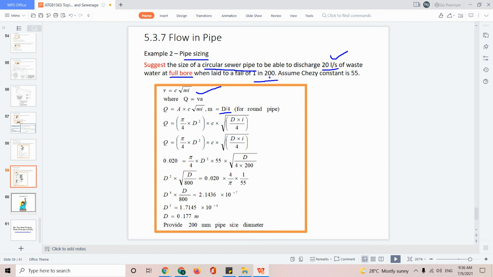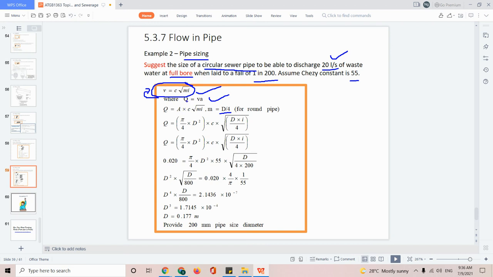The I is 1 in 200, and the C is 55. With that, you'll be able to use this formula here with Q equals VA. We can substitute our values into our formula.